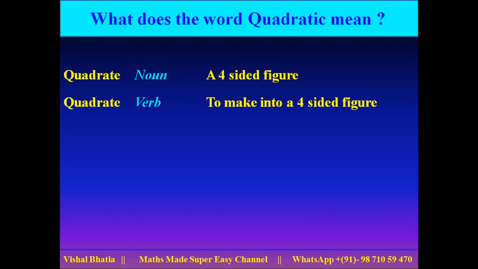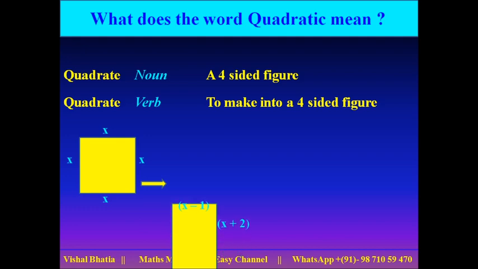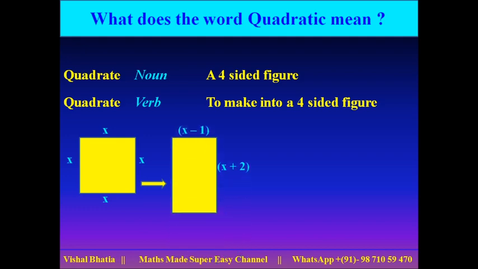Let's look at a classical example. We have a square. All the four sides are of x unit dimensions. And supposing I were to transform this square, in fact over here I'm looking at the second application of the word quadrate, the verb. I'm actually doing an action on this square. What I'm doing over here is I'm reducing one side of the square by 1 unit, making it x minus 1, and I'm stretching the other side by 2 units and making it x plus 2.